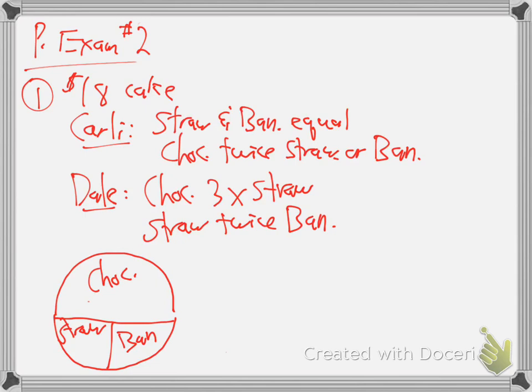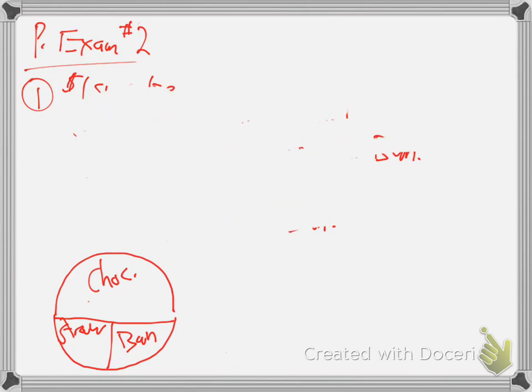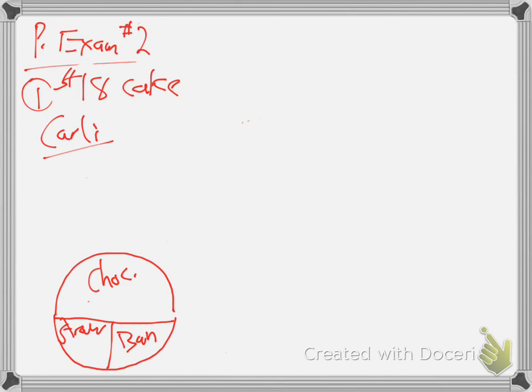I'm going to try to make it organized. Again, it's an $18 cake. I'll put Carly over here on the left. What is it about her? Strawberry equal to banana, chocolate times 2. So there's Carly.